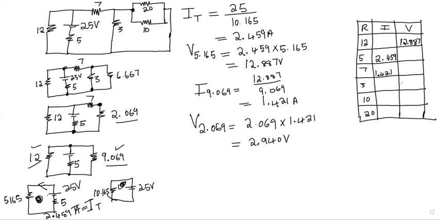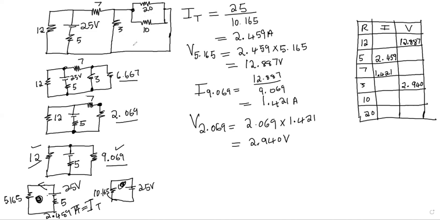So the 3 ohm voltage you have got is 2.940. Therefore, let's check 6.667. Remember, we are going back to the original circuit diagram. Therefore, that means we are done if we got the values of the original. If we are on the original circuit diagram, that means we are done.